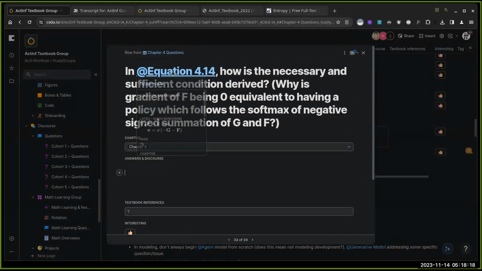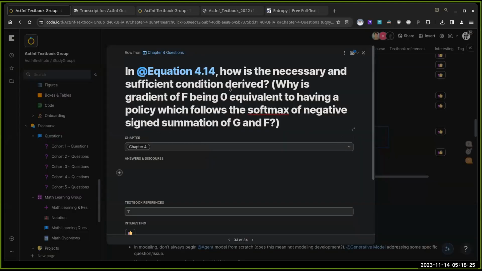In equation 414, how is the necessary and sufficient condition derived?